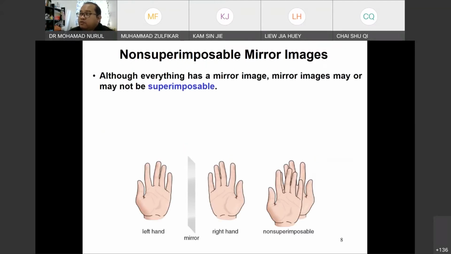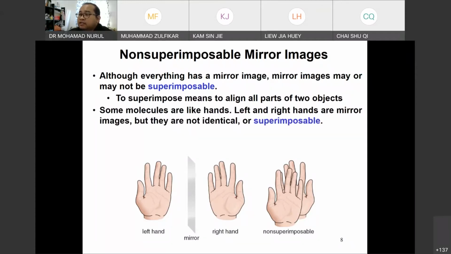Everything has a mirror image, but it may not superimpose. To superimpose means to align all parts of two objects. Some molecules are like hands, left and right, which are mirror images. But they are not identical because we cannot superimpose this hand.